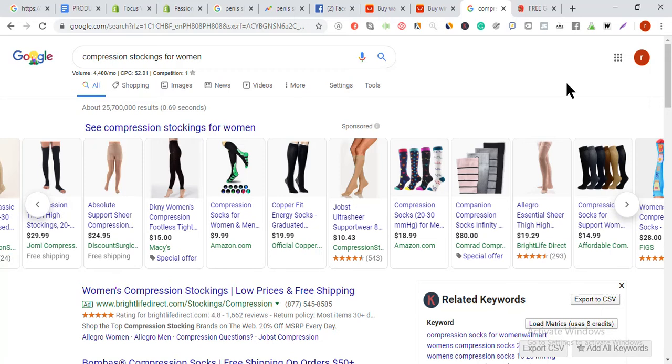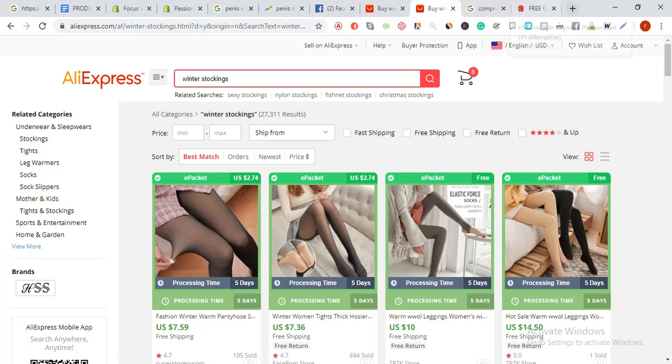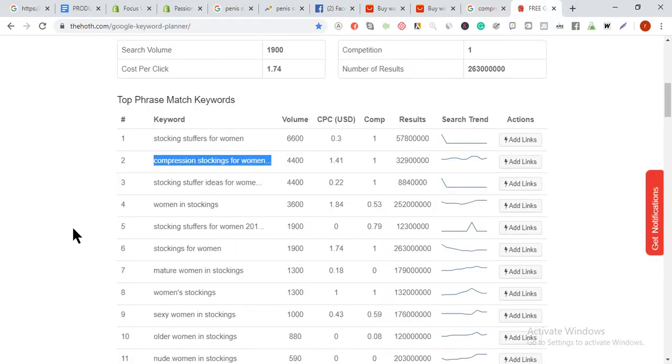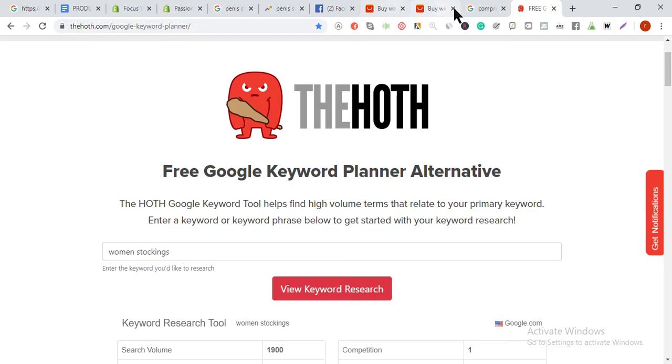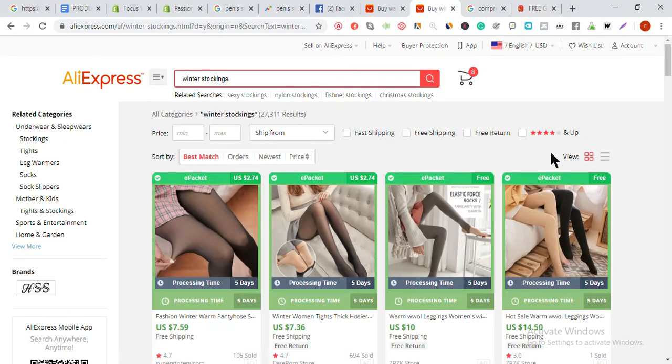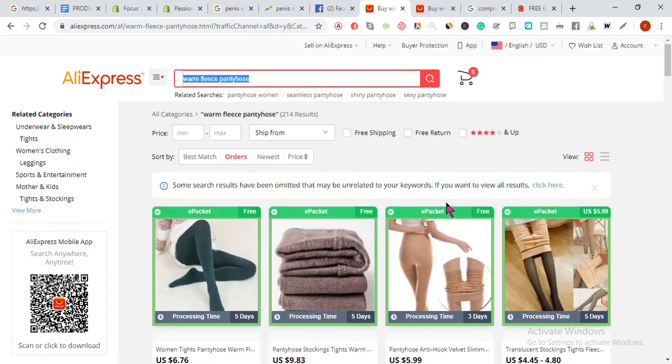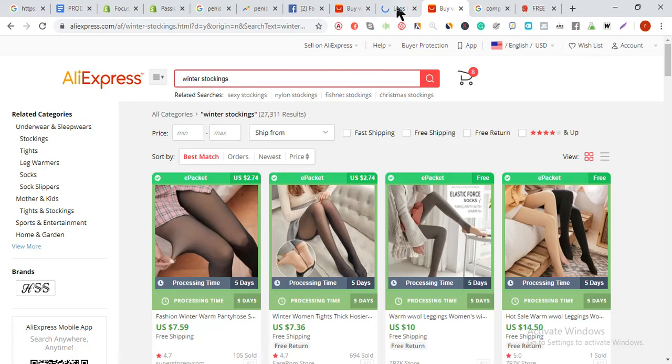We can actually use two keywords for your title, if we can make that happen. So maybe we can do compression stockings for women dash, what else? Winter stockings, or what was the other one that we checked earlier? Translucent tights. Something like that, yeah. Hold on. Warm fleece pantyhose, seamless, shiny pantyhose. No, I think this is the one we were looking at earlier.